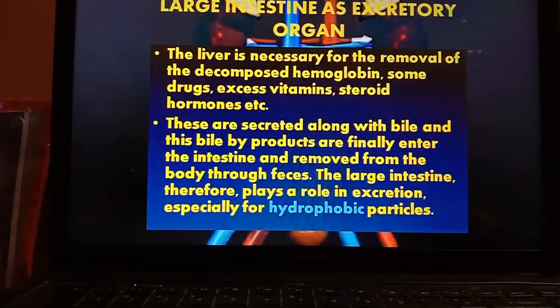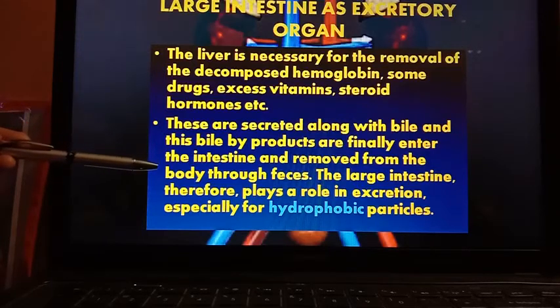Now, the large intestine as an excretory organ. Already we have discussed this thing. The liver is necessary for the removal of the decomposed hemoglobin or the dead RBC, some drugs, excess vitamins, steroid hormones, etc. These are secreted along with bile, and these bile byproducts finally enter the intestine, first the small intestine, then the large intestine, and are removed from the body through the feces.